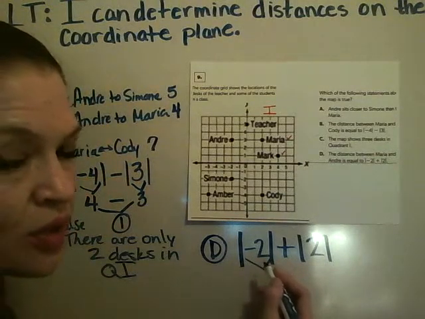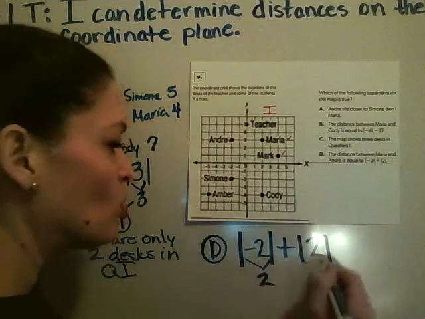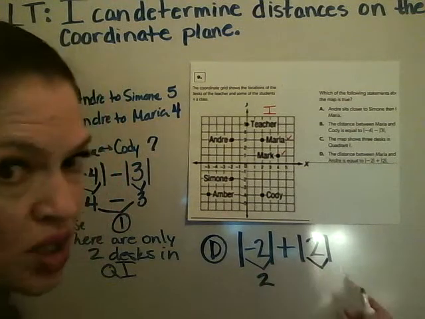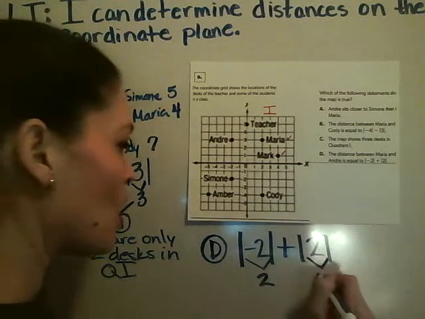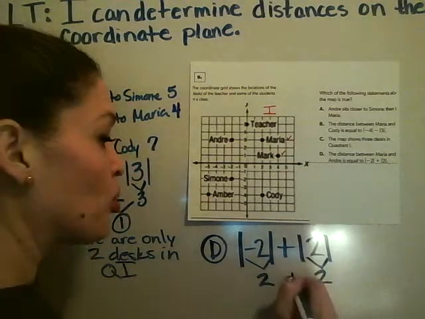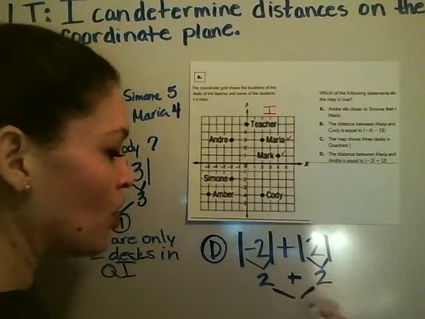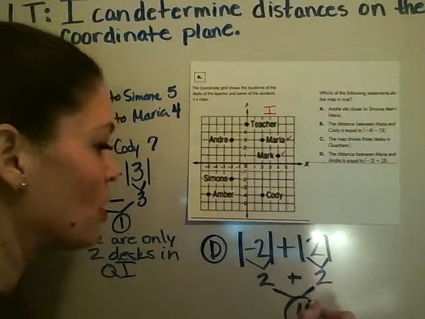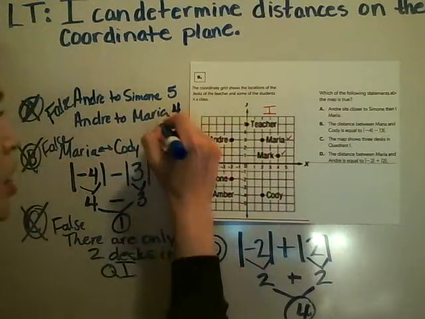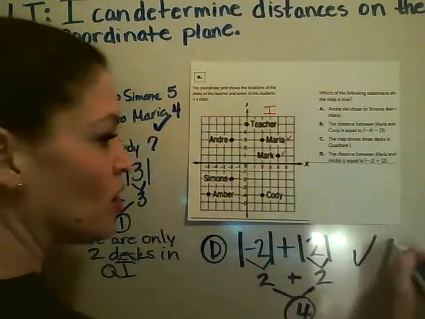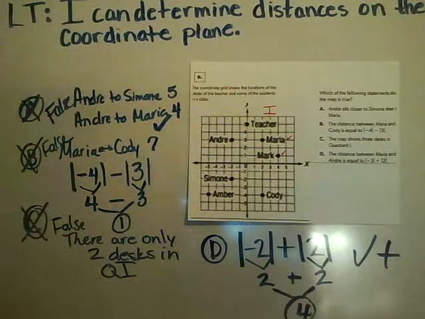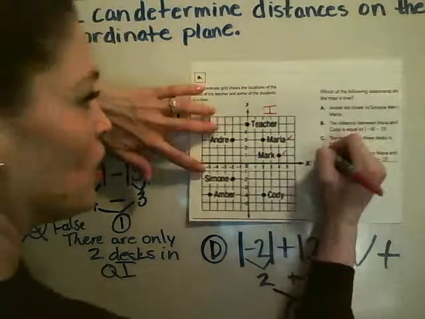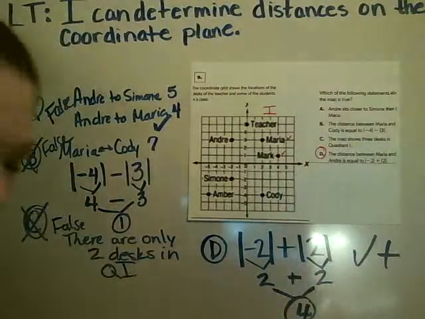What is its distance away from 0? 2. What is +2's distance away from 0? 2. Bring down your plus sign. Finish calculating. And 2 plus 2, that's going to be 4. That is equal to Andre and Maria. So D is the correct answer, and we verified it. Okay, so for number 9, we're going to go with D as our correct answer.